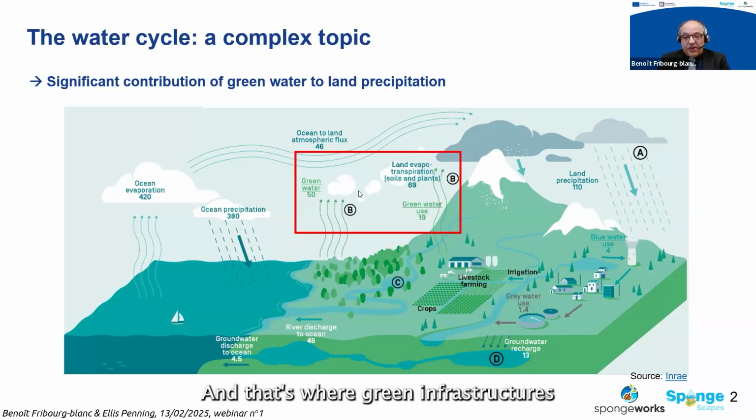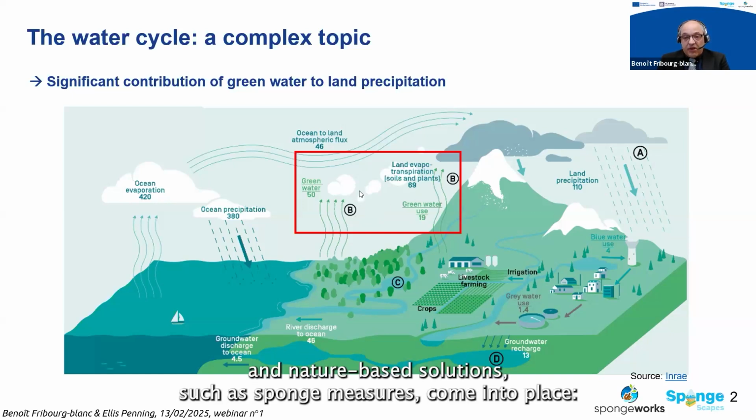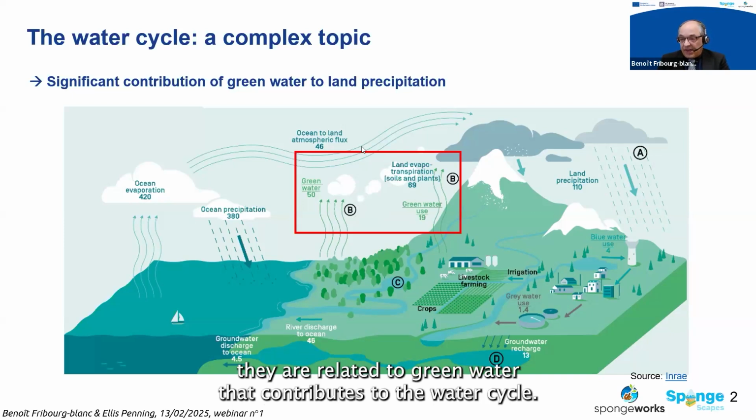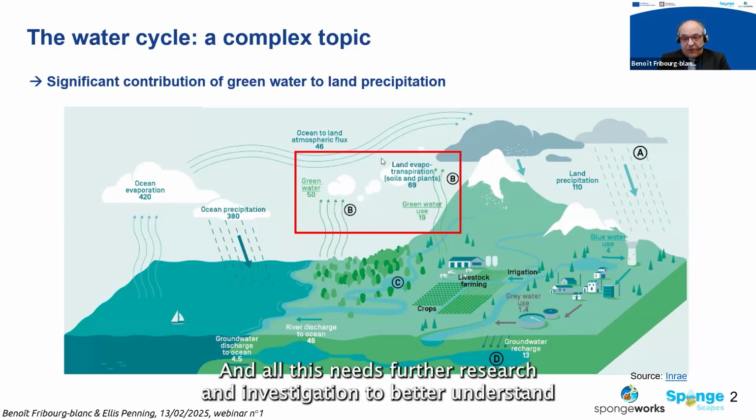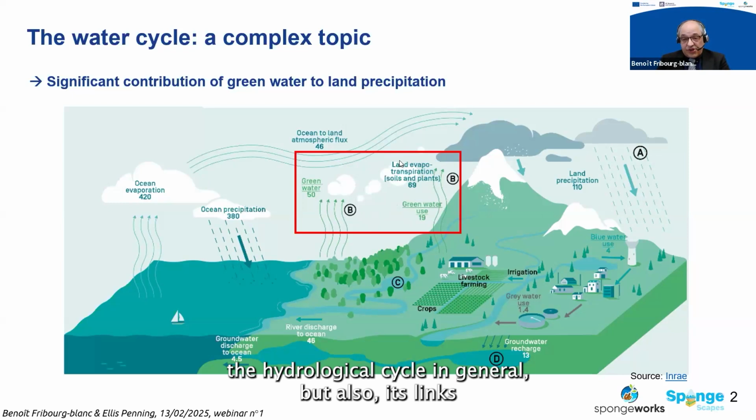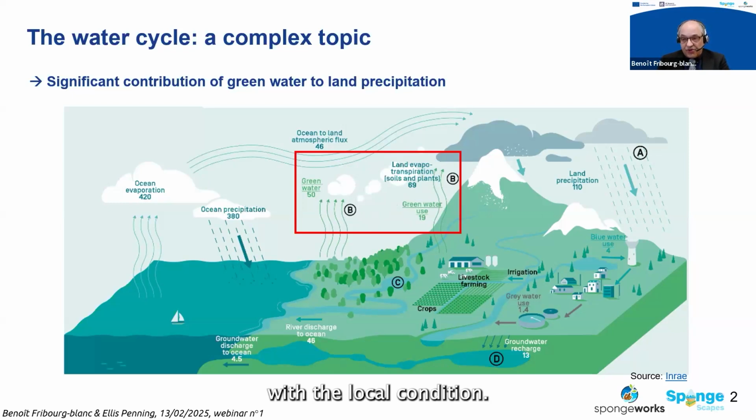And that's where green infrastructure, nature-based solutions and sponge measures come into place. Green relates to green water that contributes to the water cycle. All this needs further research and investigation to better understand the hydrological cycle in general, but also how it links to the local conditions.